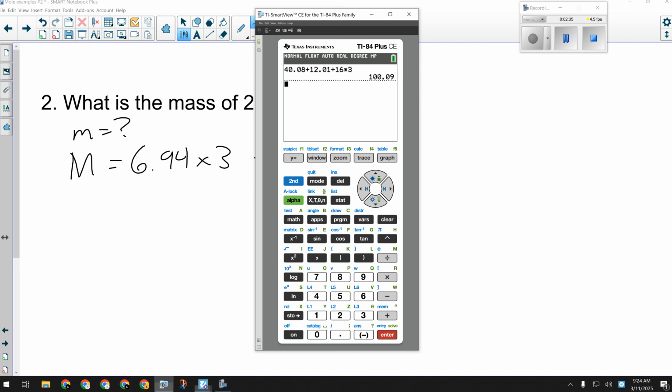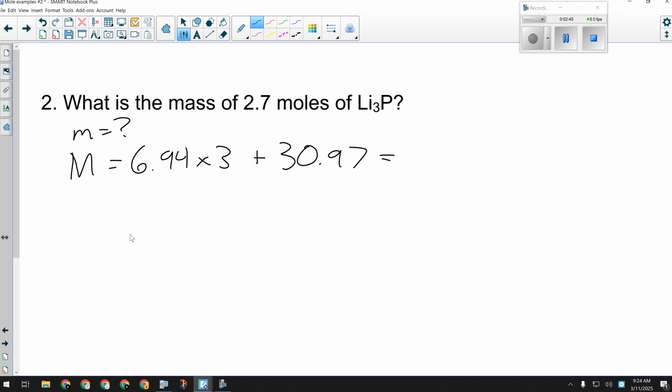Put those together. Our molar mass should be 51.79 grams per mole. And we're also told the number of moles, 2.7 moles. That's what we've got.